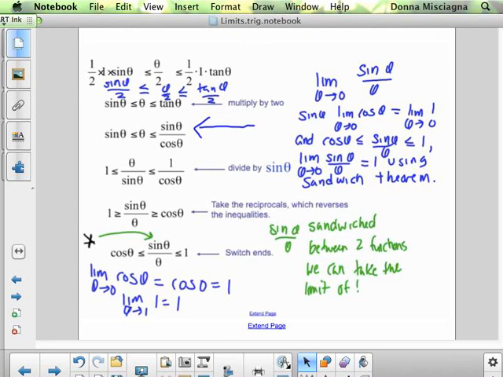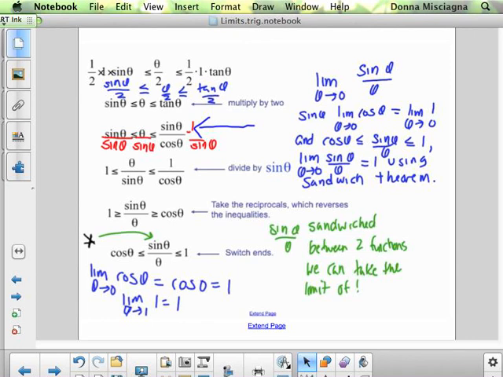So let's divide everybody by sine theta. What would happen if we divided everybody by sine theta? This one gets divided by sine theta, and this one gets divided by sine theta. And dividing by sine theta is the same as multiplying by 1 over sine theta.